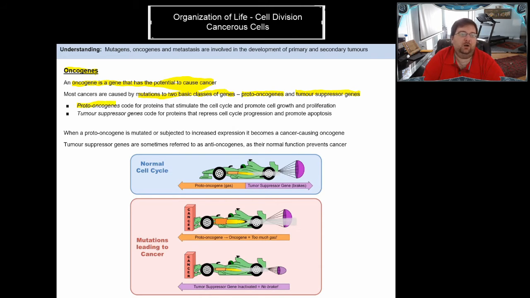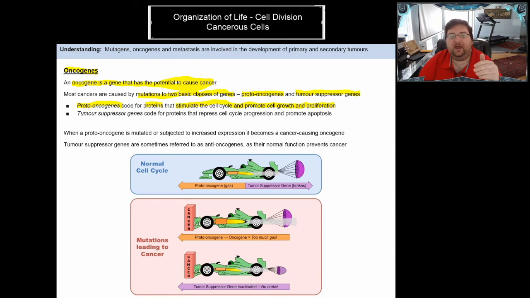Your proto-oncogenes are portions of your DNA that code for the creation of proteins whose job is to stimulate the cell cycle, promote cell growth, and cause cell division to happen. Those are very necessary processes in cell division. We talked about them in the last lesson.